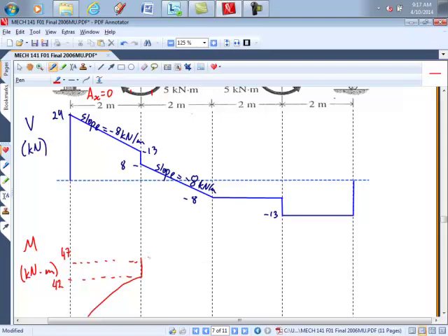So that means, by symmetry, it should end here on the same value of 47. And this 0 is going to represent my maximum. How am I going to figure out what that maximum is?